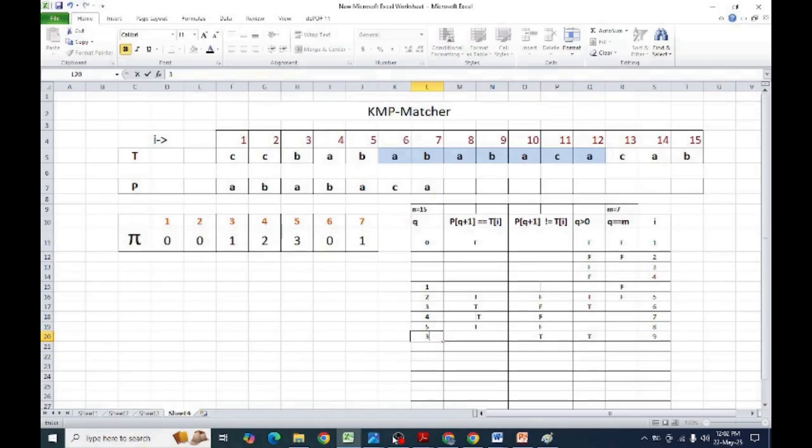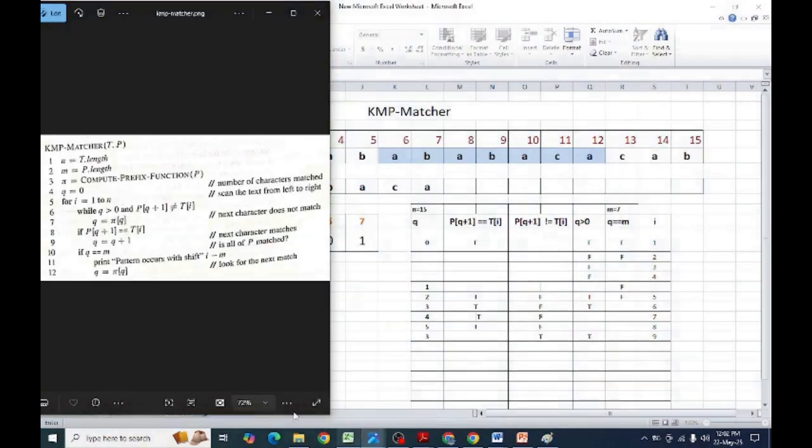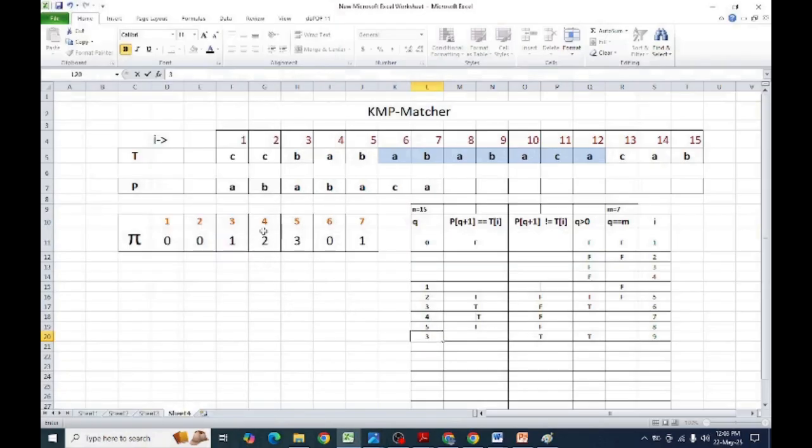Now q is 3. Okay, let us check the algorithm. Q is 3. It will check this one. Okay, while loop. Q is greater than 0 and P of q plus 1, now it is P of 4 and T of 9. P of 4 is B and T of 9 is B. Okay, they are equal.